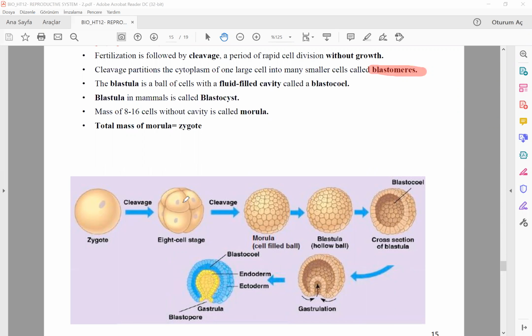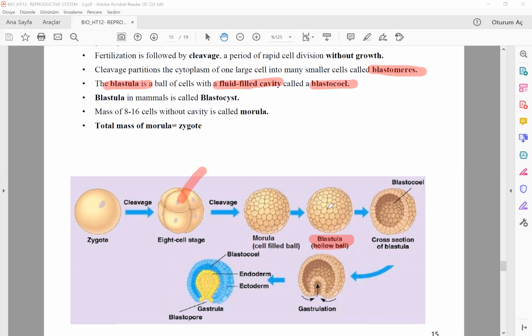Each dividing cell, for example this one of them, is a blastomere. And the blastula is a ball of cells with a fluid-filled cavity. This one is the blastula, or we can call it the blastocyst in mammals. It's fluid-filled, empty inside, and the empty part inside is called the blastocoel.